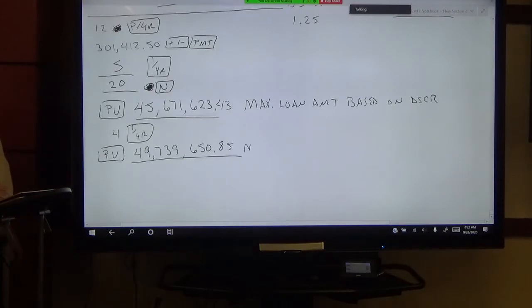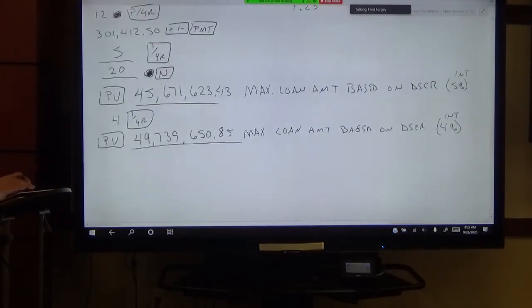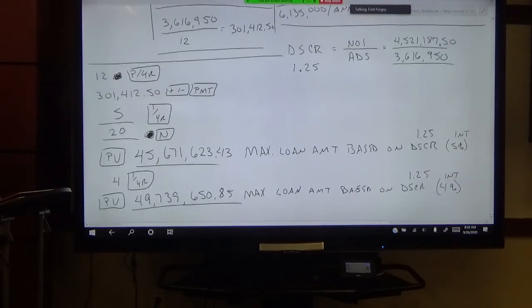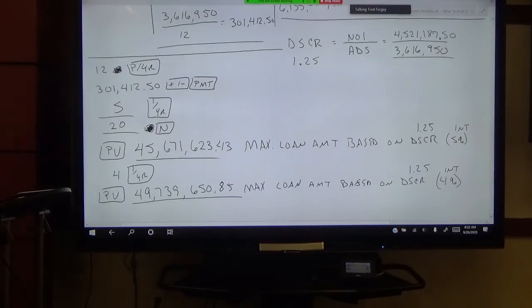Okay, so once again, that would also be the maximum loan amount based on the debt service coverage ratio, and in this case, 5% interest rate, over here, a 4% interest rate. Okay, and then the debt service coverage ratio is what, 1.25? Okay, everybody with me?